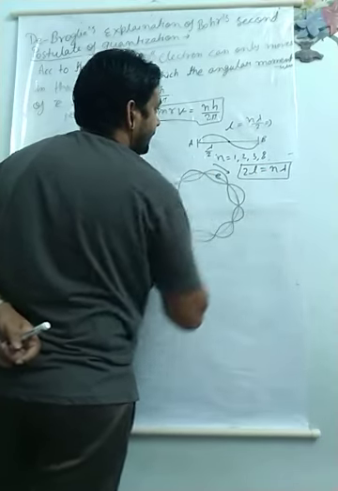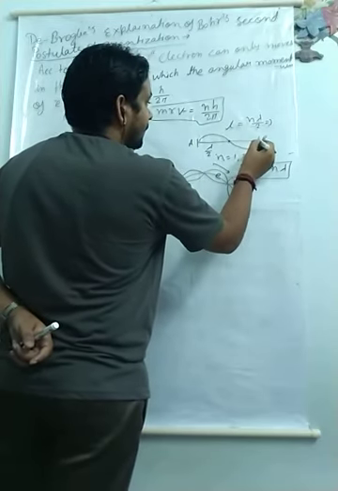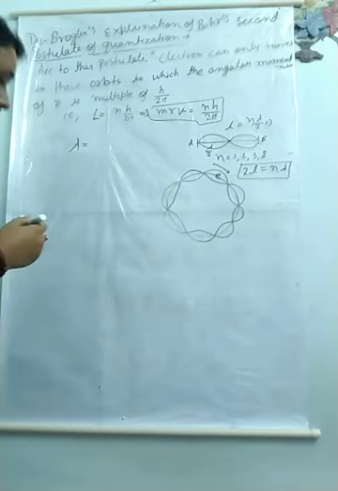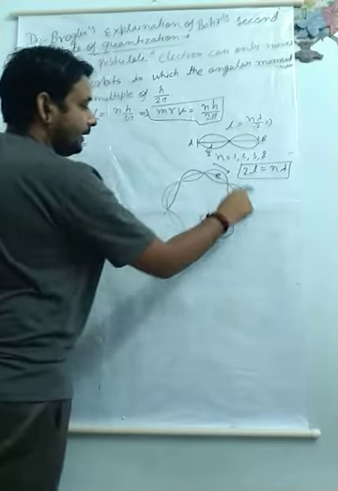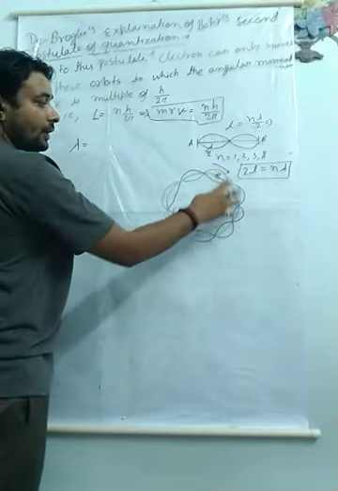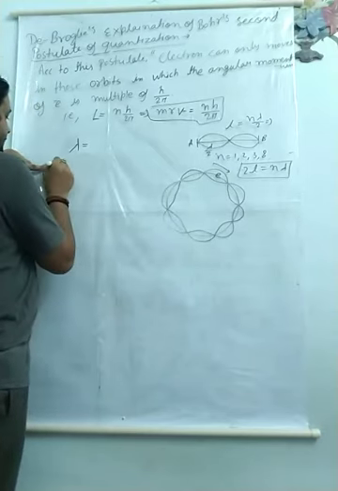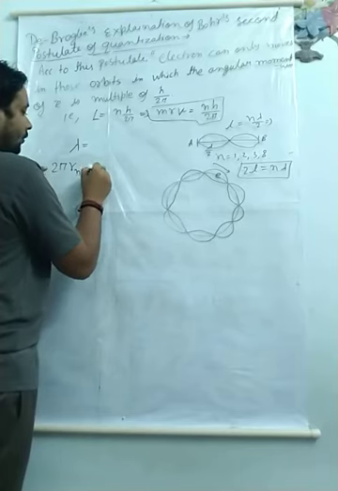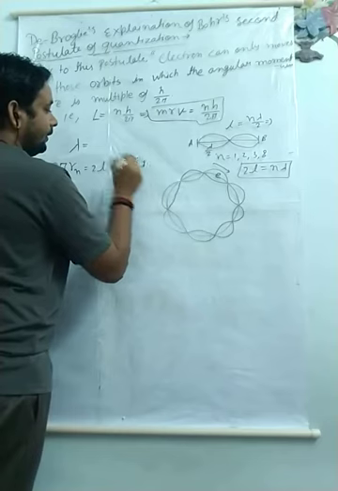This is one condition we get, and this we complete like this. Therefore, when it completes one cycle, its total path is 2 pi r, which is equal to 2L, which is equal to n lambda.